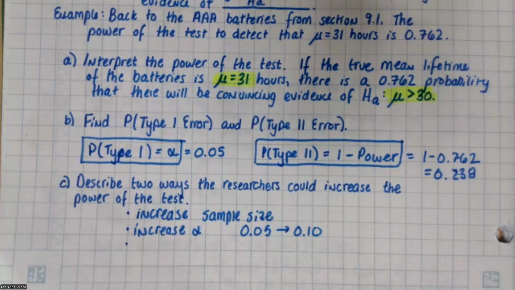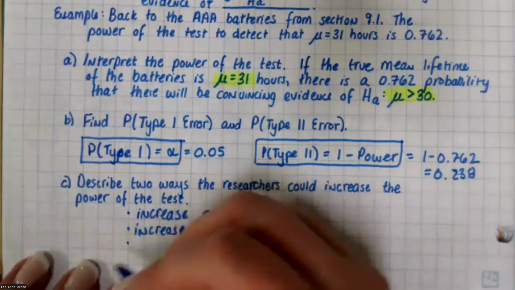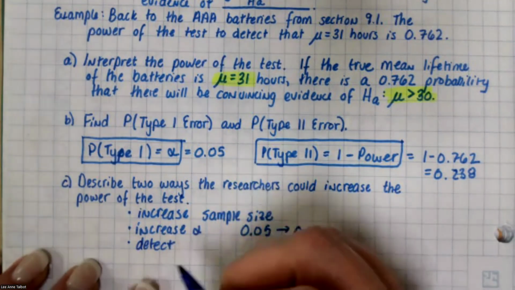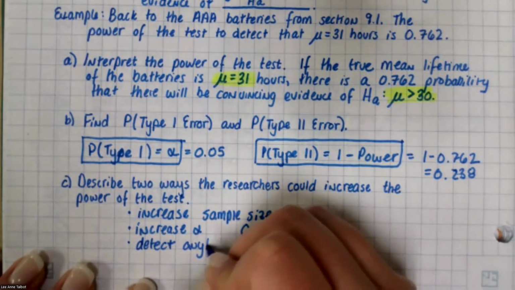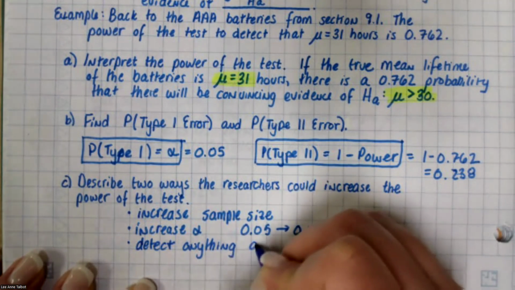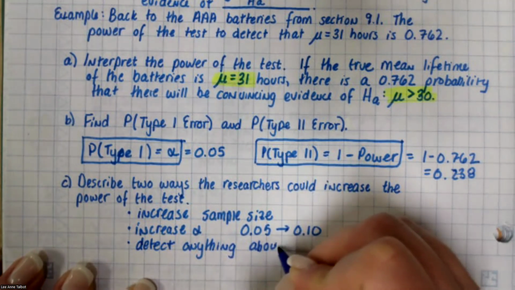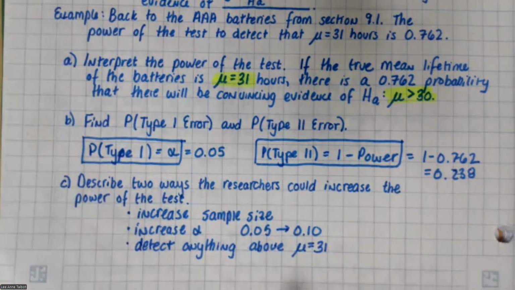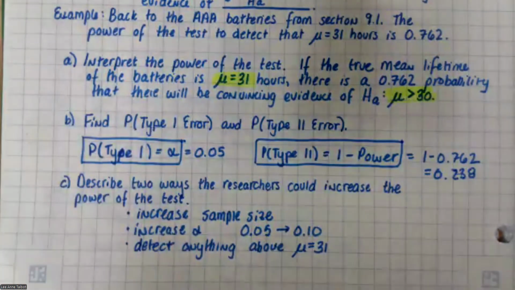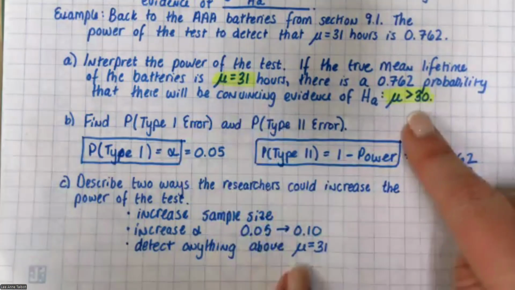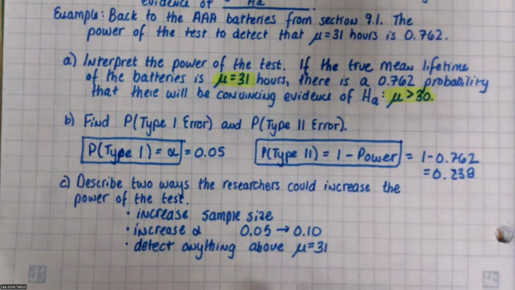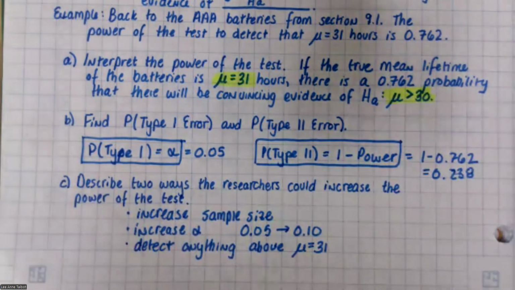Do you see what I'm saying? Check anything above mu equals 31. The farther that those things are apart, the bigger chance that you're going to find a sample that shows this.